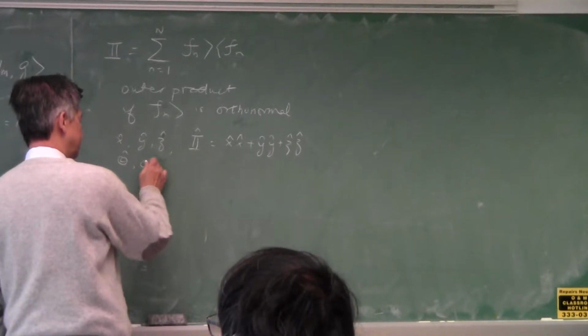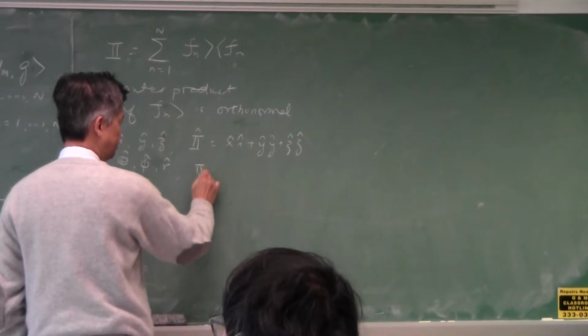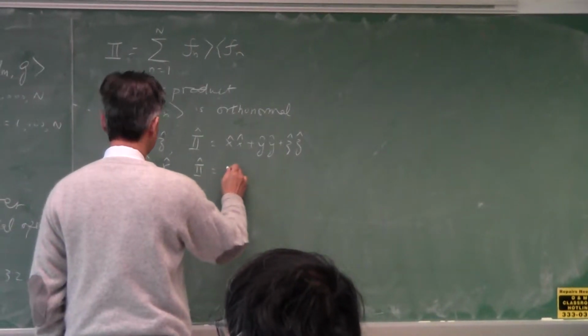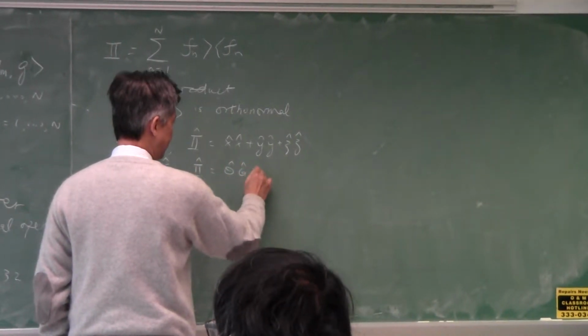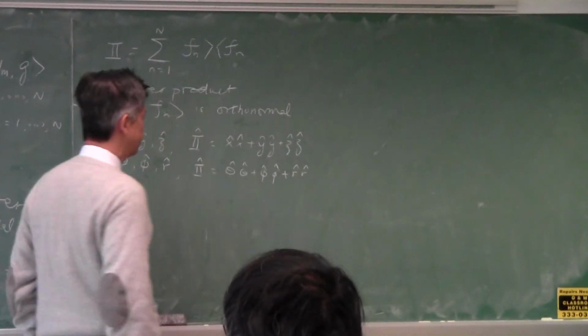Okay, and it's not restricted to the Cartesian coordinate system. You can also use this for the spherical coordinate system, and hence this would look something like theta hat theta hat plus phi hat phi hat plus r hat r hat.